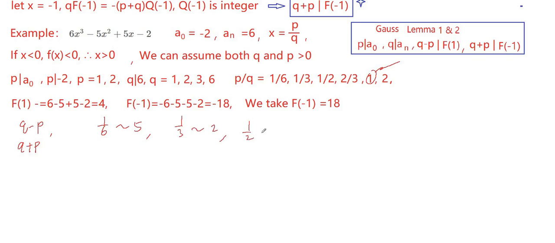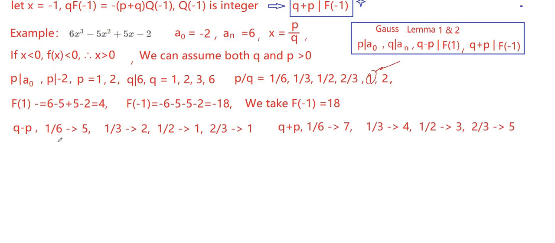For 1/2, it is 1. For 2/3, it is 3 minus 2, it is 1. For q plus p, it is 7, 4, 3, 5.